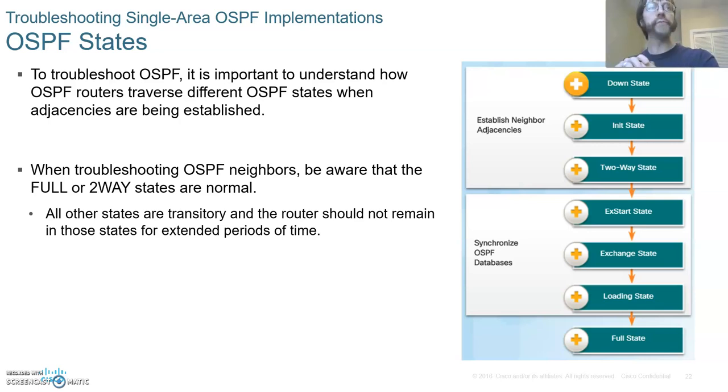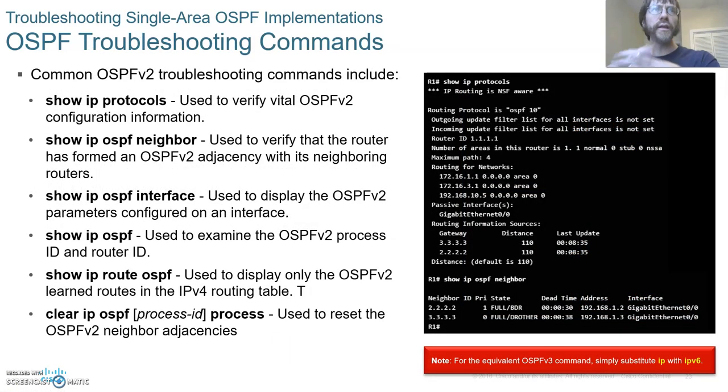Now, speaking of your troubleshooting commands, you can use these commands on the basis of what you think you need to learn. For the most basic information, do show ip protocols. Honestly, if you think you've got OSPF running and you do show ip protocols, and you don't see a routing protocol with OSPF and its process ID up at the top of that listing, you don't even have it running.